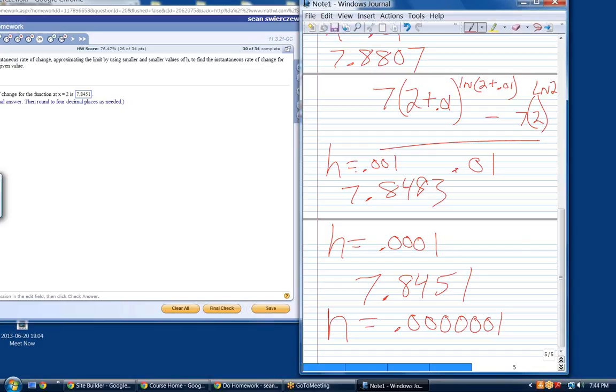In fact, just add a bunch of zeros. Let it truly approach 0, and we'll get the answer they're looking for. You could try it with 6 zeros and 7 zeros and see if you get the same answer to 4 decimal points.